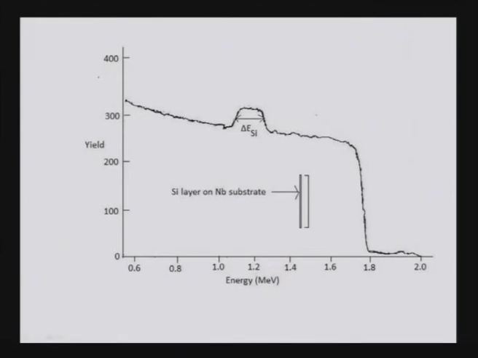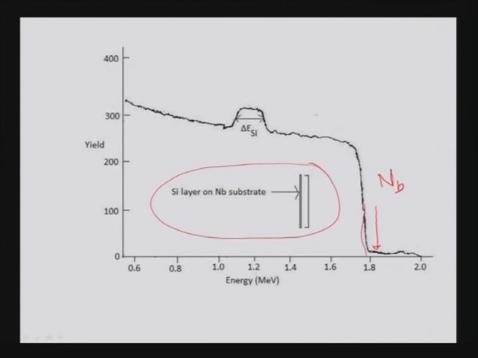Look at your screens. This is a sample where a silicon layer is sitting on a niobium substrate. You have a niobium substrate on which a thin silicon layer is sitting. Niobium will have some kinematical factor, so the surface of niobium is somewhere here, and then you have niobium all through.